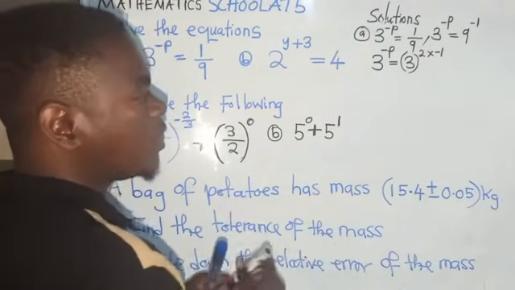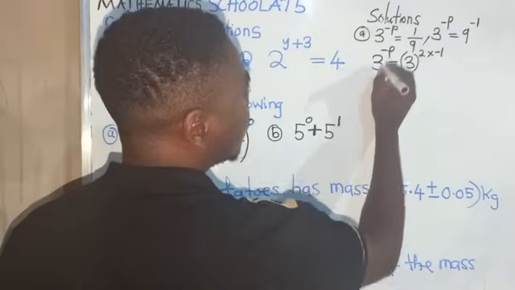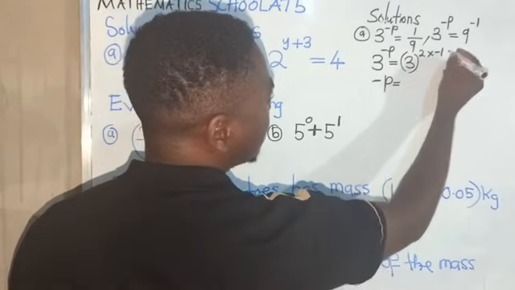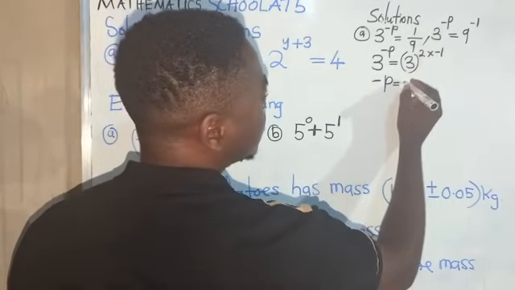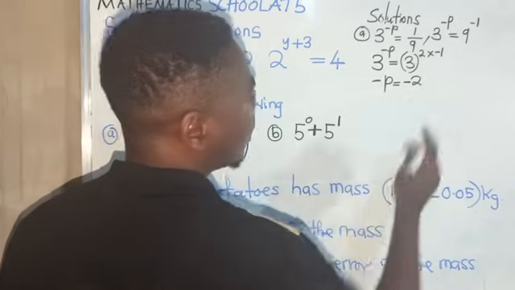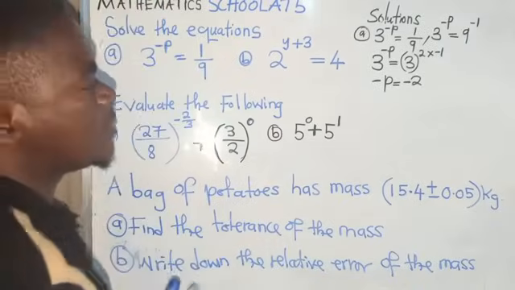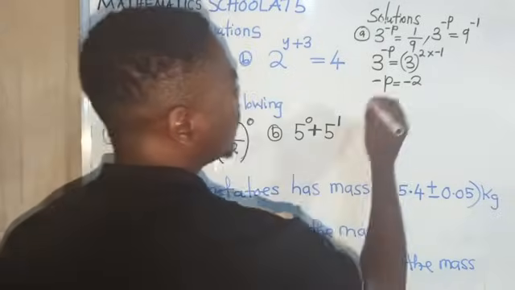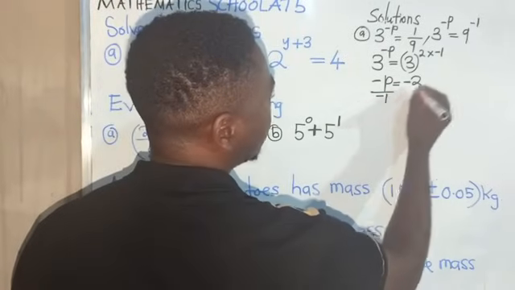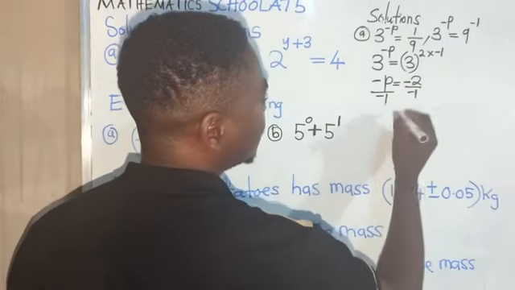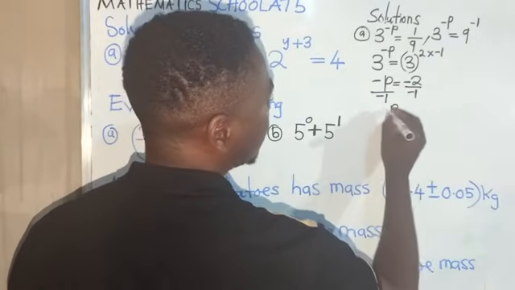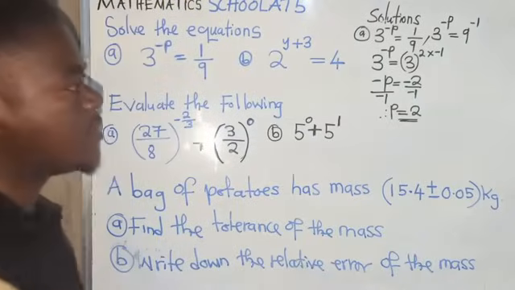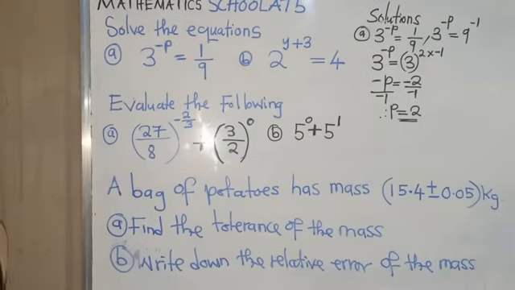So this is negative p, which is equal to 2 times negative 1, that is negative 2. Then here, we just divide both sides by negative 1 so that we cancel out that negative, meaning that p is therefore equal to 2. So this is the answer. P is equal to 2.